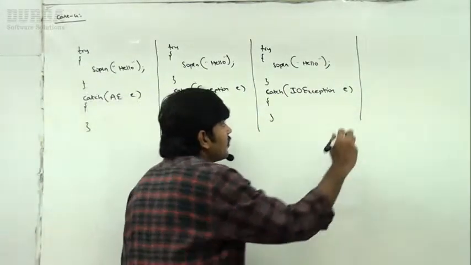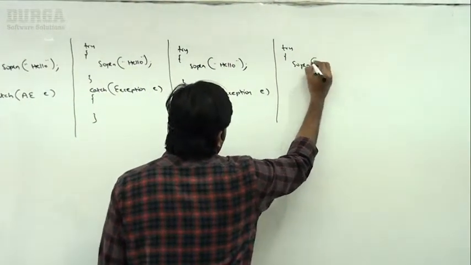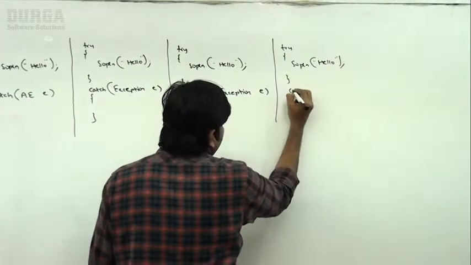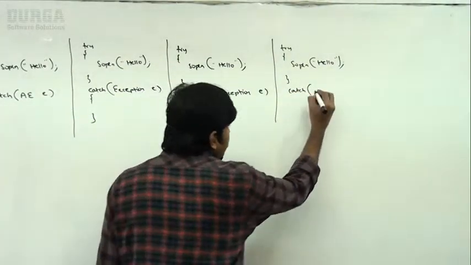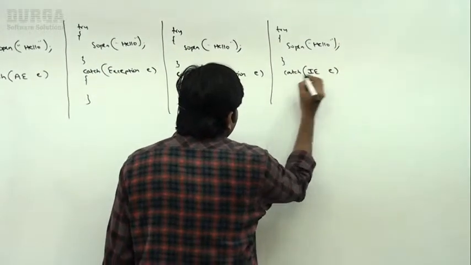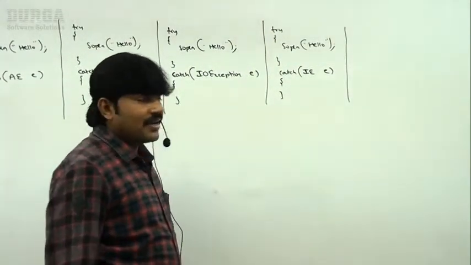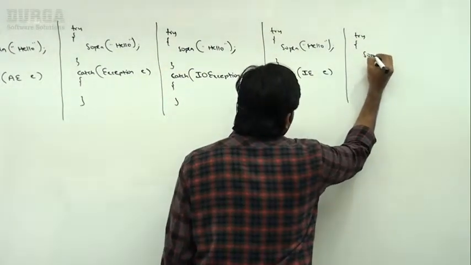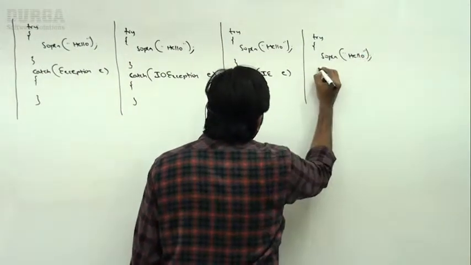Now the fourth one, try, System.out.println hello. Next catch block InterruptedException. Multiple times we already used InterruptedException, like this I'm taking. This is the fourth one. Now the last one, try, System.out.println hello.